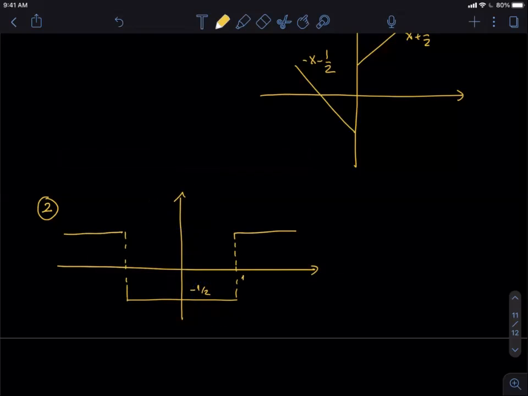And let's say the jump happens at x equal 1 and x equal -1. We could choose the jumps like this. Doesn't matter much, but we can totally do that. So this would be 1/2.